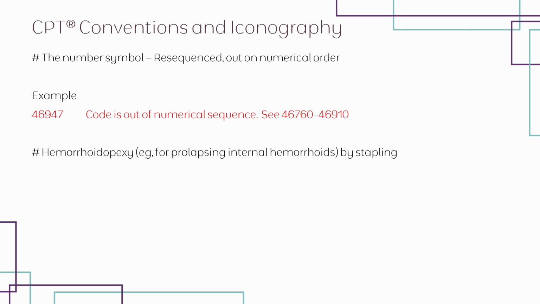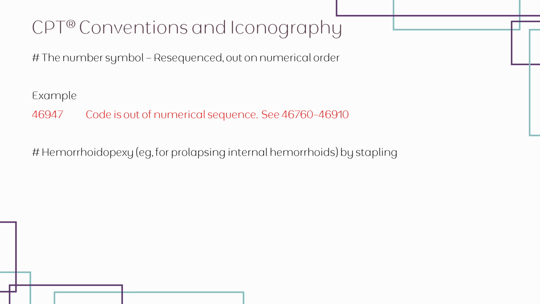Turn to CPT code 46947 in your codebook. Where you would normally expect to find code 46947 listed in its numeric order, you instead see a reference that directs you to review the code range 46760 through 46910, which falls within the repair section of the digestive system.